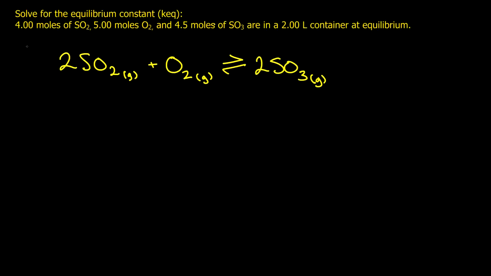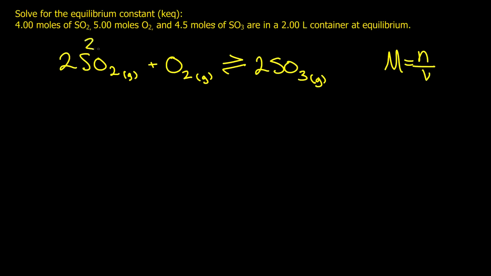Now, equilibrium has to be in molarity or it has to be in pressure. So the first thing I've got to do is convert these moles to molarity. Well, molarity, if you remember, is moles divided by volume. So I've got 4 divided by 2.